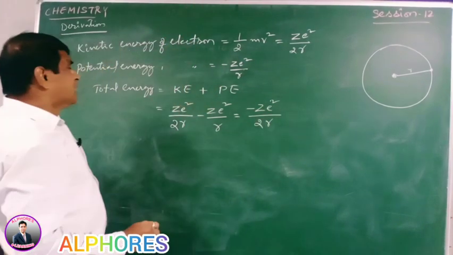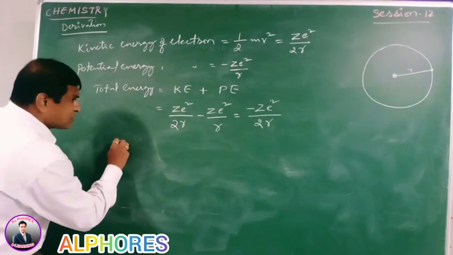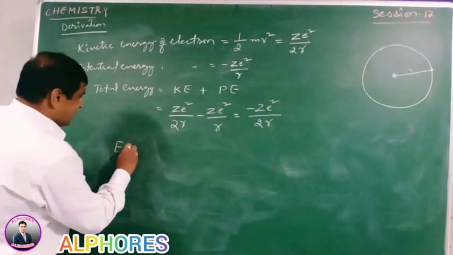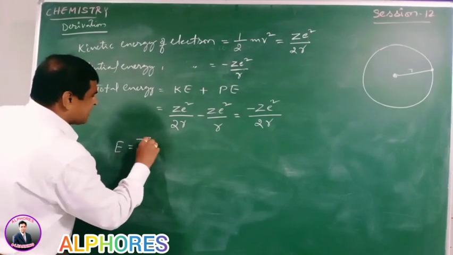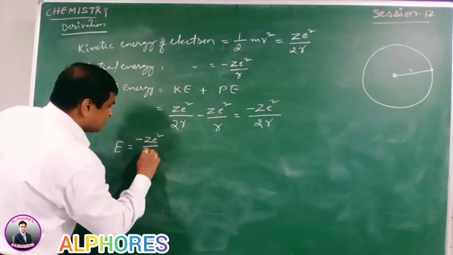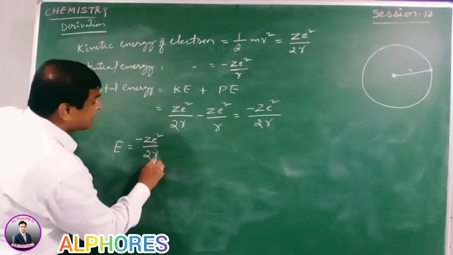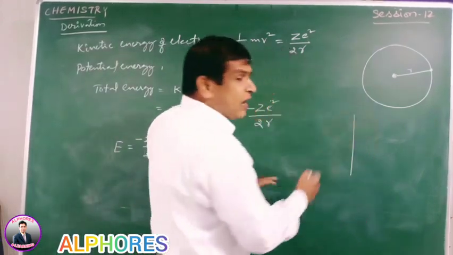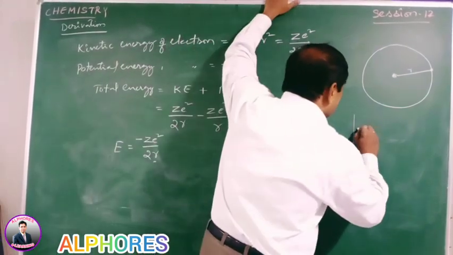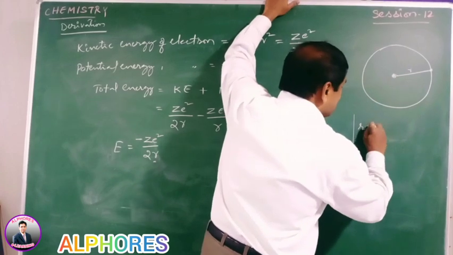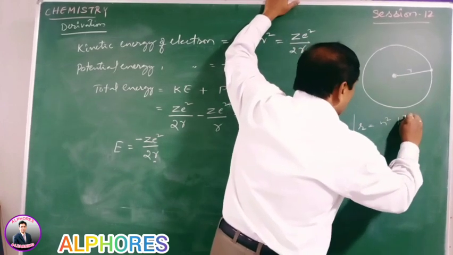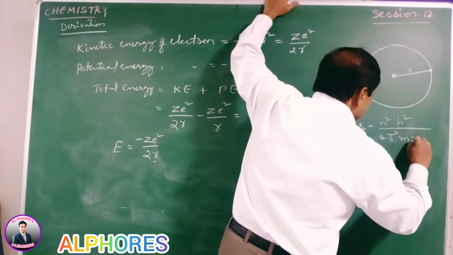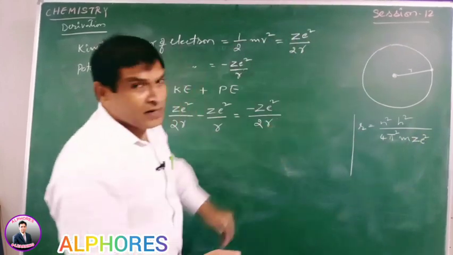So total energy E equals minus ze square by 2r, where r is the radius of the orbit, don't forget that. Now let us see what r is. Just now we derived that the radius of the orbit is n square h square by 4 pi square m ze square. That is the r equation.